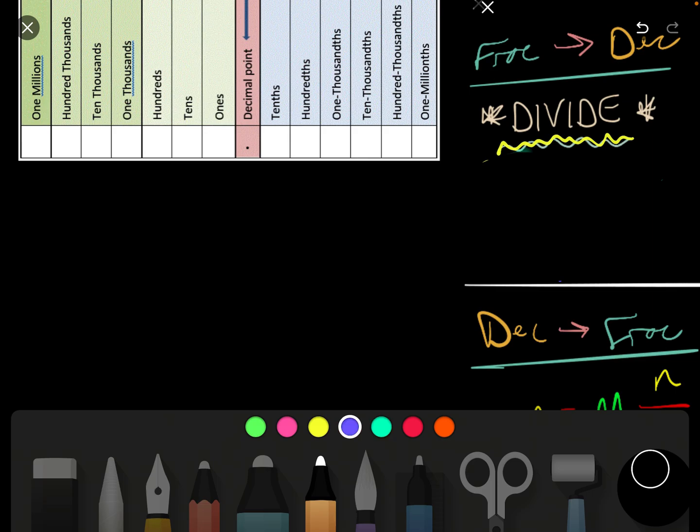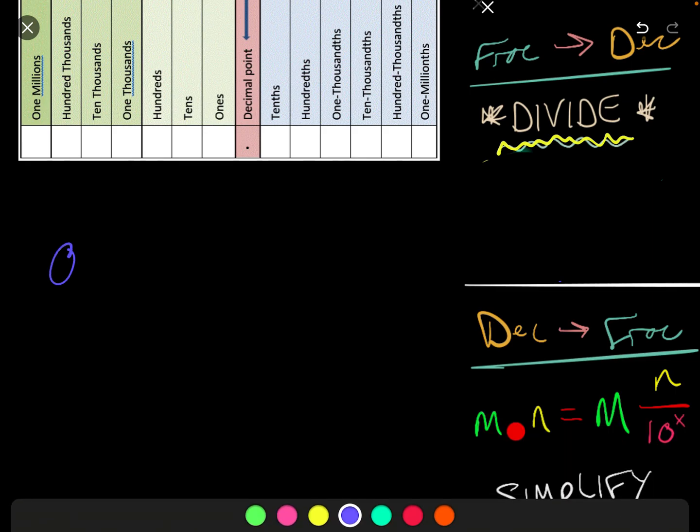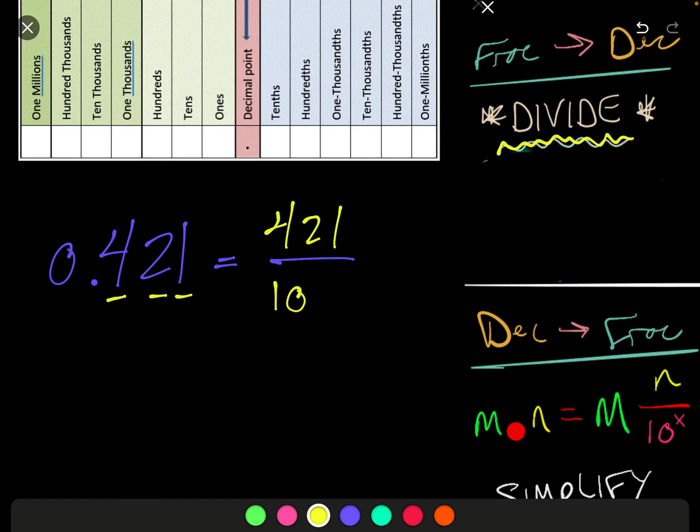Okay, let's get another one. So if we said 0.421, there's no whole number, but I know my numerator is 421. And I know that there are 3 place values to the right, so in my denominator I have 3 zeros. That 421 goes 1, 2, 3 to the right, into our thousandths place value, so our denominator is 1,000.